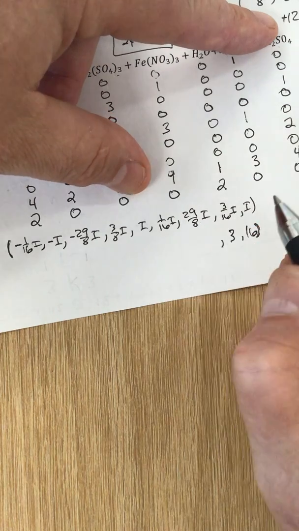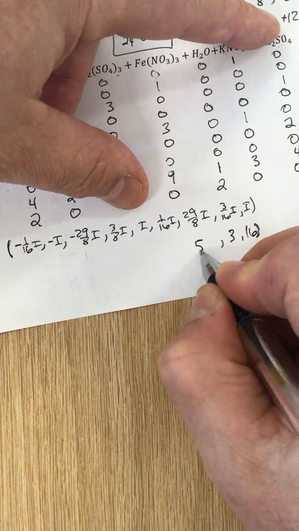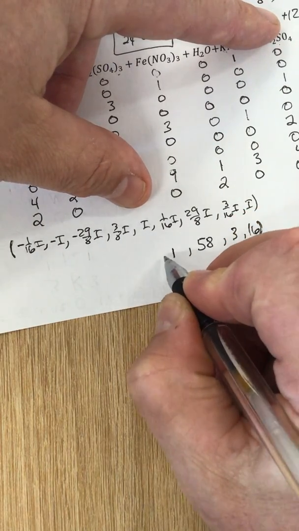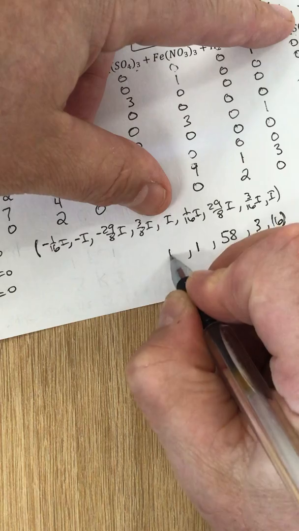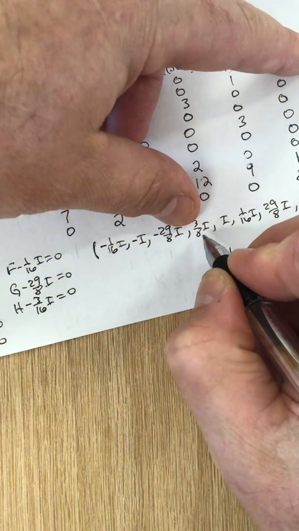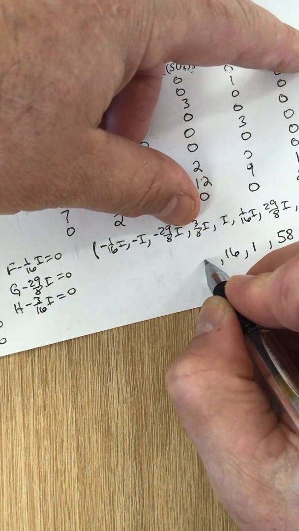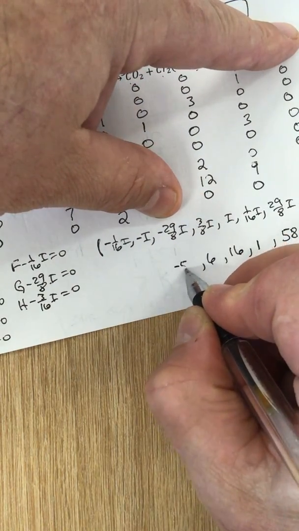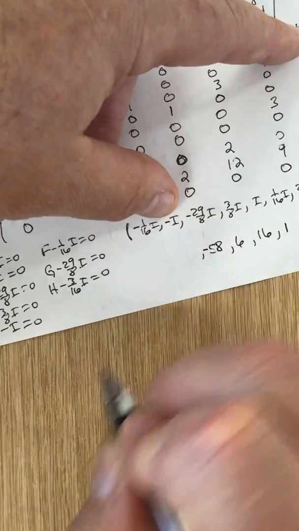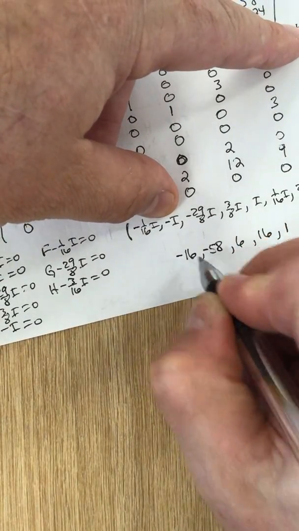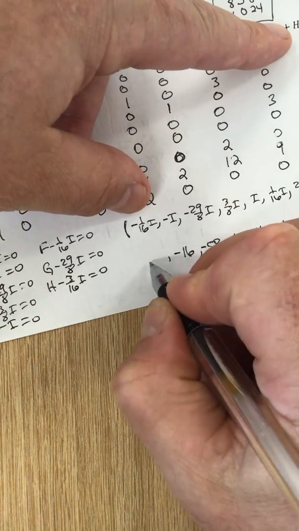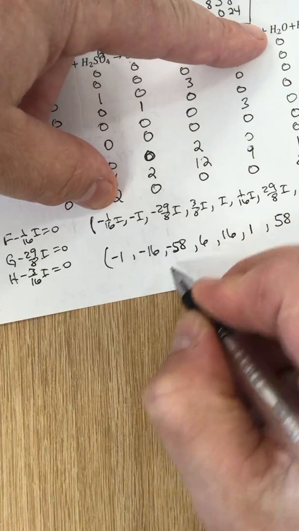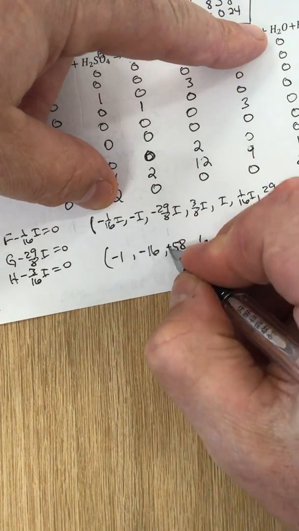That makes this 29 times 2, so 58. 1/16 of 16 is 1. This I right here is 16. This will be 3 times 2, so that'll be 6. 29/8 times 16 will be -58. That's just the 16. And that will be -1. Okay, I want the absolute values of those. These negatives just means they're all on the left side.